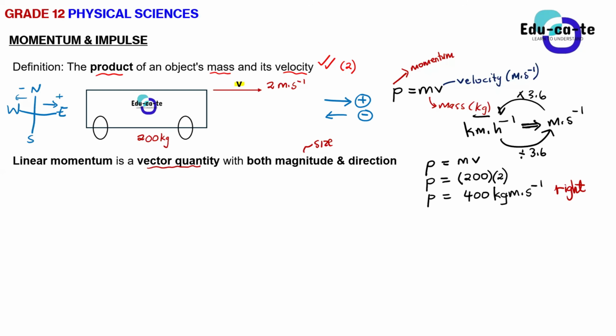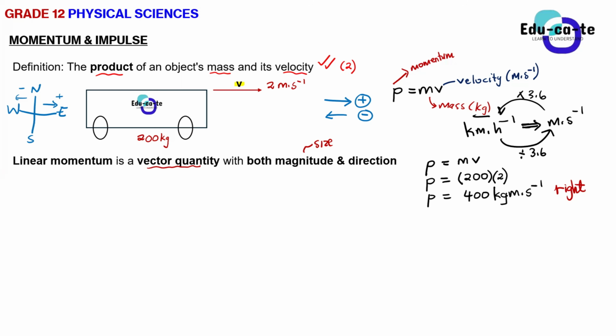So instead of writing 400 to the positive direction, it's safer to write 400 kg meters per second to the right, because you have chosen right to be positive. Otherwise you are generalizing, and I could still take my positive to be something else. You get the sense, right? So it's safer to use right as positive.